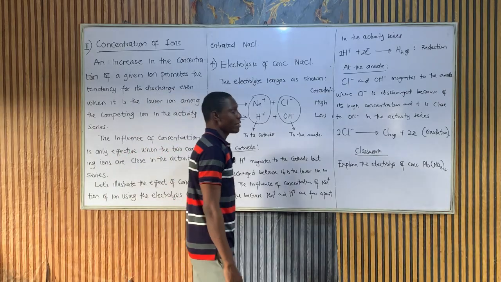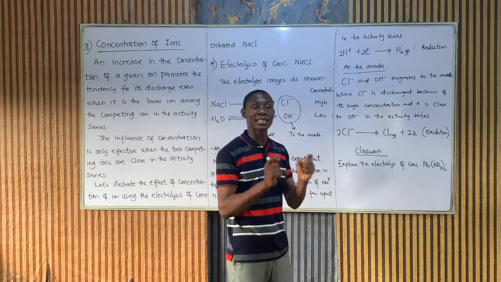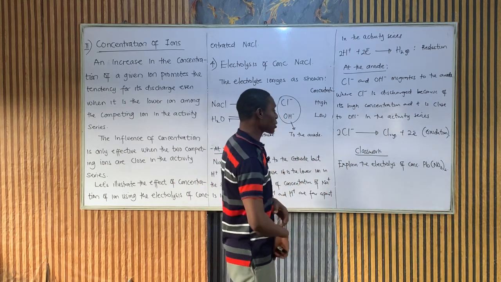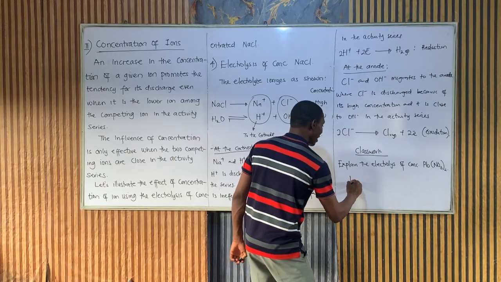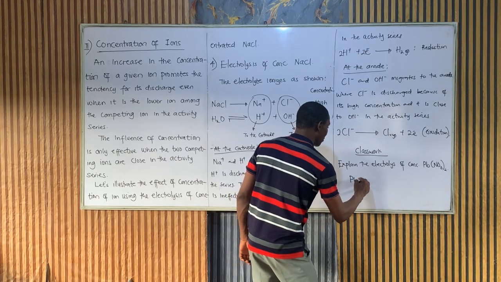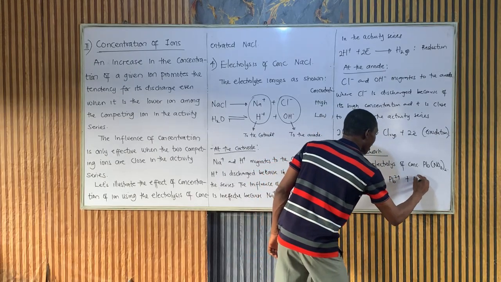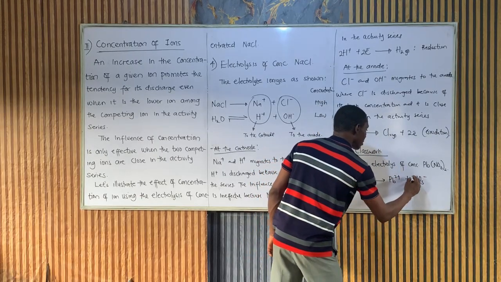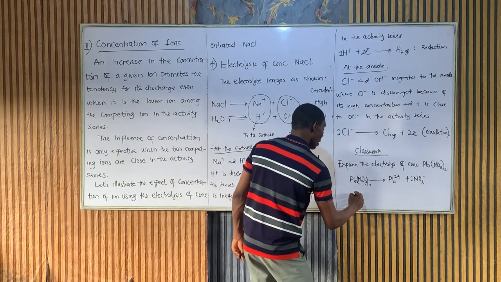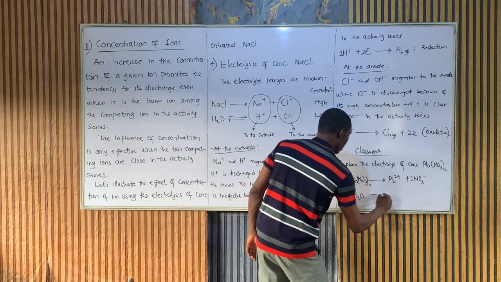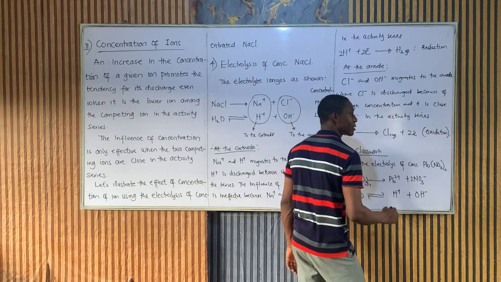Well, at the cathode, obviously, because this is concentrated, it contains little amount of water. The ionization of lead nitrate is going to look like this: Pb(NO3)2 gives Pb2 plus and 2 NO3 minus, and then water gives hydrogen ion plus OH minus.